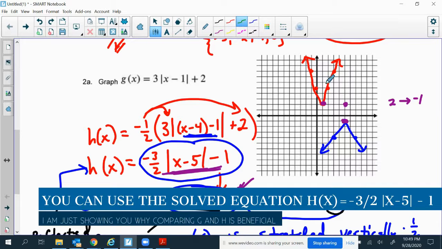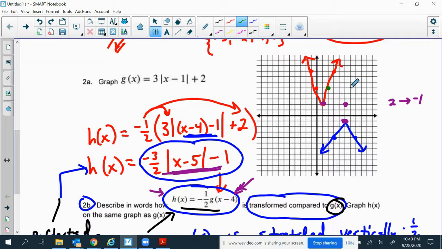Let's take another point. For example, this one. Let's move it to the right 4. 1, 2, 3, 4. Then I can take this point and multiply it by -1/2. I was at 5.